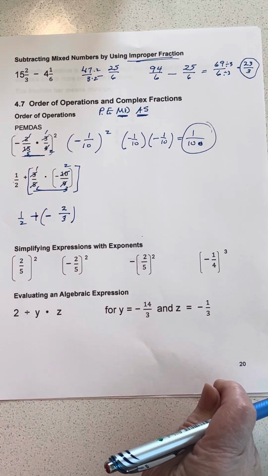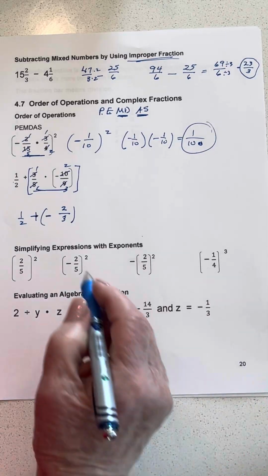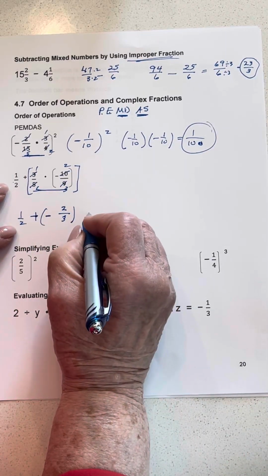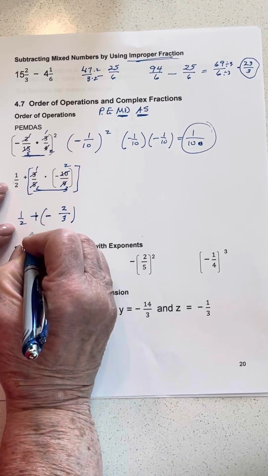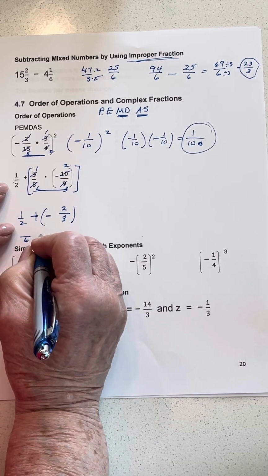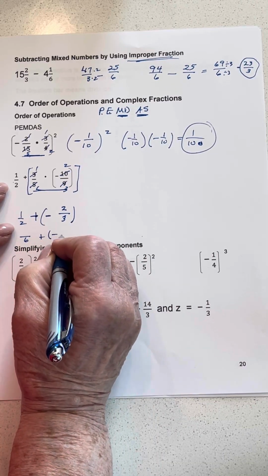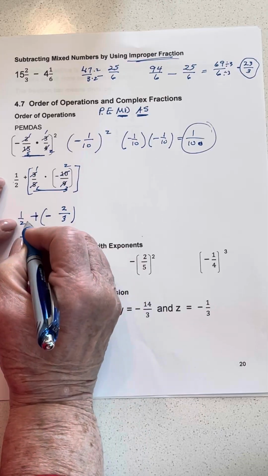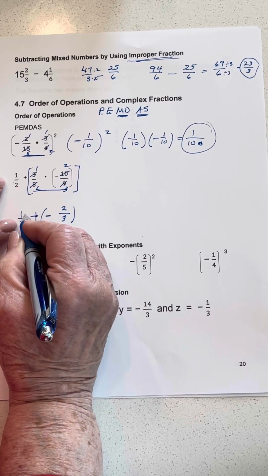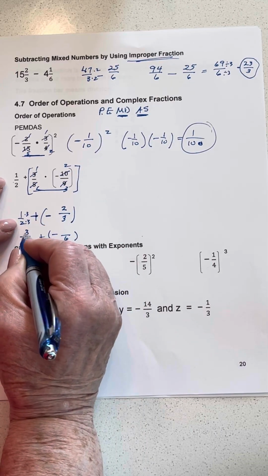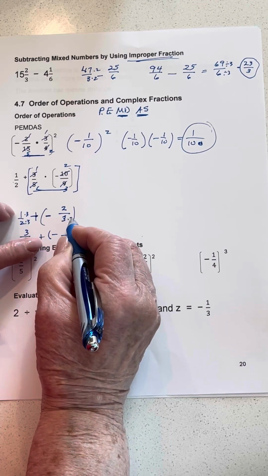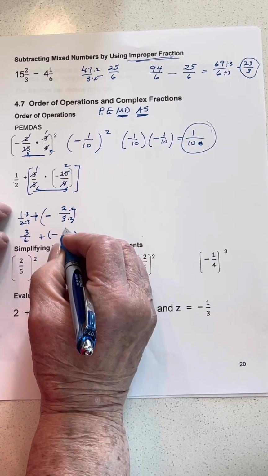So to add these fractions, we have to have the same denominator. So I'm thinking 6 is going to work great. Two times 3 is 6, so 1 times 3 is 3. 3 times 2 is 6, so 2 times 2 is 4.